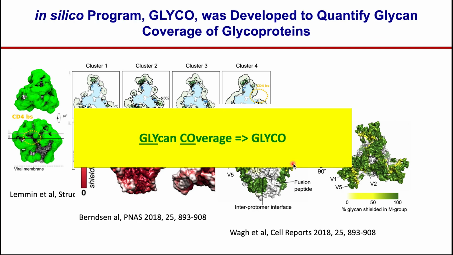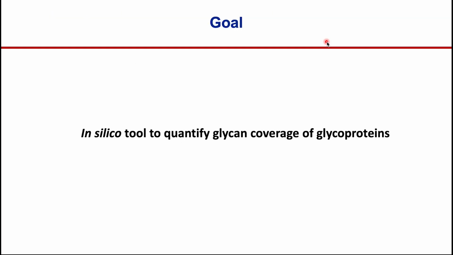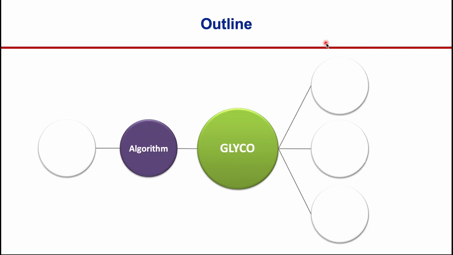So I decided to develop an in silico program, GLYCO. GLYCO is from glycan coverage. As the name says, the GLYCO program is developed to quantify glycan coverage of glycoproteins. So the goal of the study is to develop an in silico tool to quantify glycan coverage of glycoproteins.